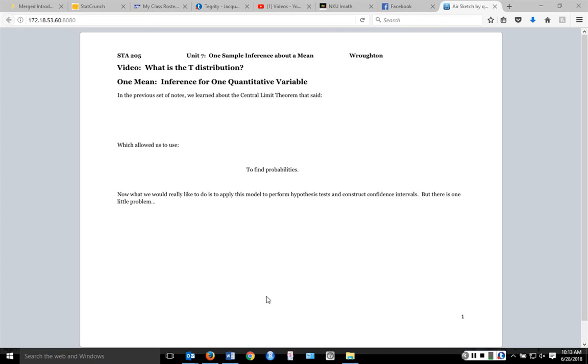More specifically, we learned about the central limit theorem, which told us that under certain conditions, which generally meant that we needed to have a relatively random and unbiased sample, and if we either knew that we had a normal distribution or our data already looked symmetric and bell-shaped, or if we had a sample of at least 30, then we would be able to say that y bar, our sample mean, would be approximately normally distributed with a mean of mu and a standard deviation of sigma over the square root of n.